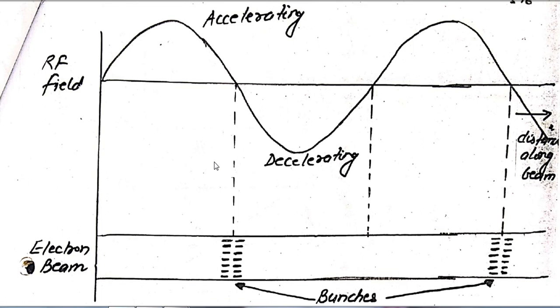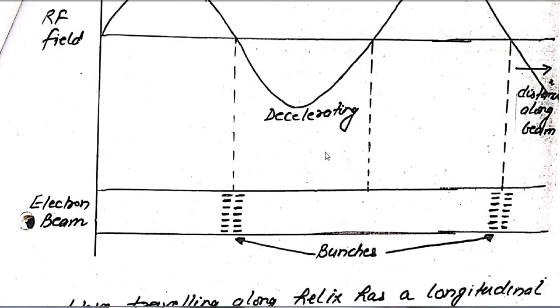So depending upon the field intensity, different electrons will travel with different velocity, and that will be the velocity modulation, and this velocity modulation will cause bunching of electrons at regular intervals of one wavelength, as we can see in this diagram.